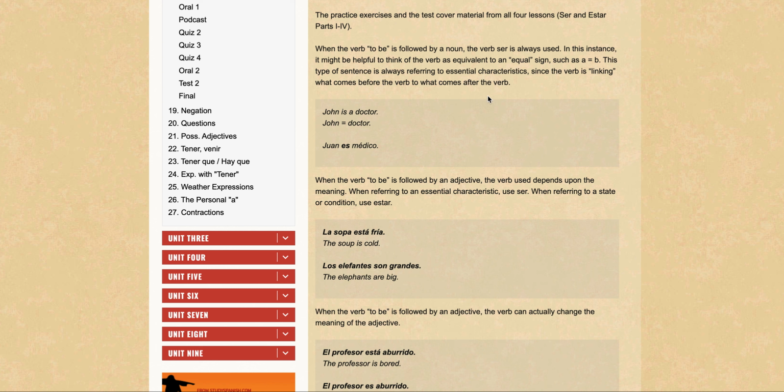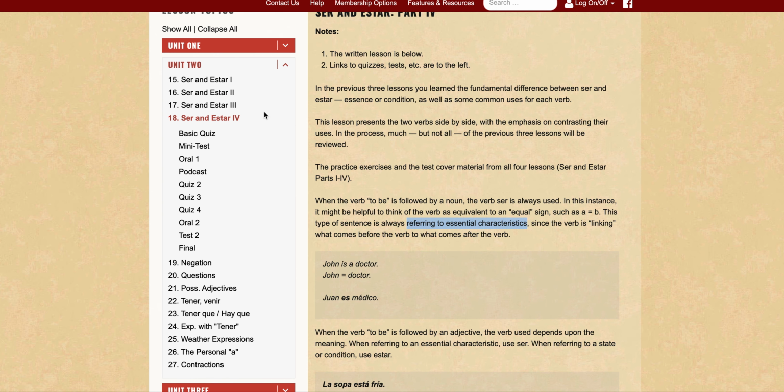So A equals B is always referring to some essential characteristic. John being a doctor is a characteristic. It's something which is part of him. It's not like a state or a condition that changes, like we've seen with the estar form, right? La manzana está verde.